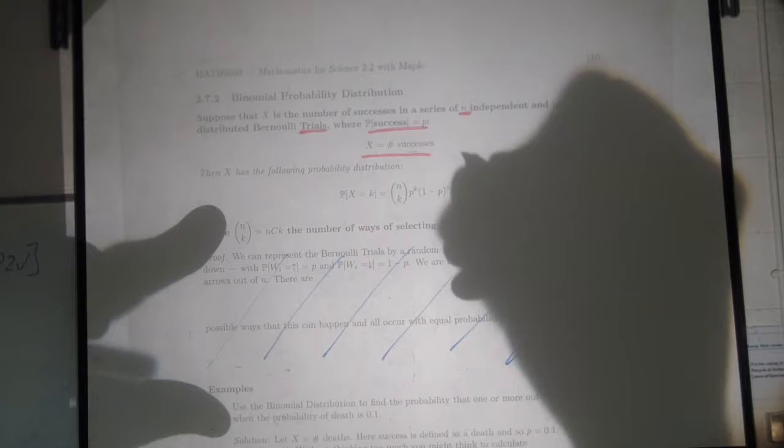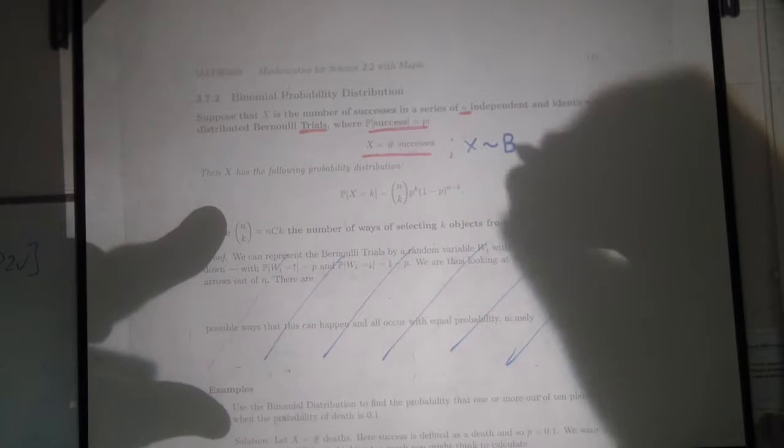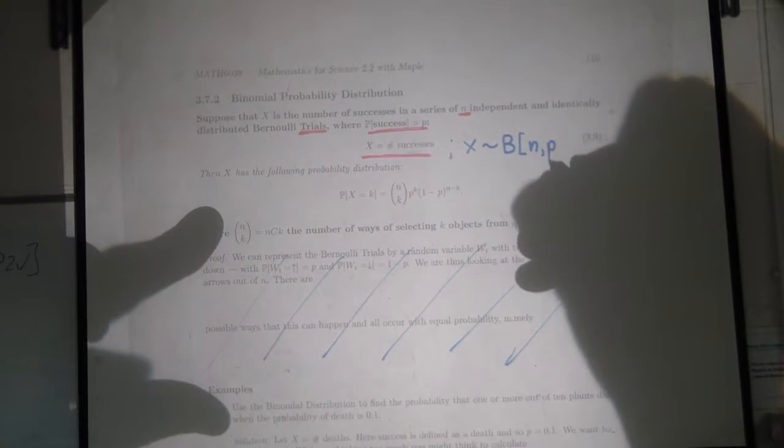Now, there's a way I can write this. I'll probably use this notation here and there, but you don't have to use it. To say x number of successes from n trials, when the probability of success is p, you would write x, where this symbol means "is distributed as" B, standing for binomial, n number of trials, p probability of success.